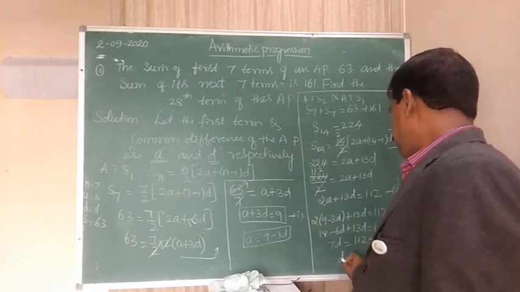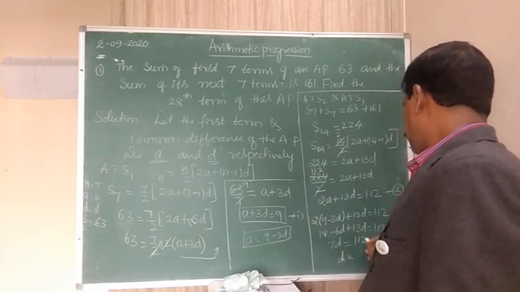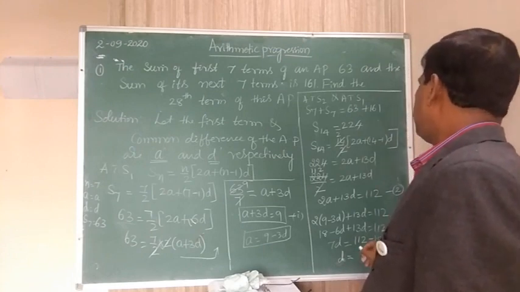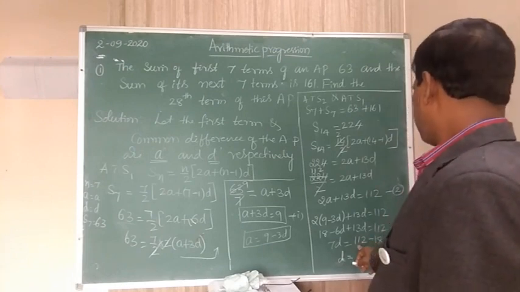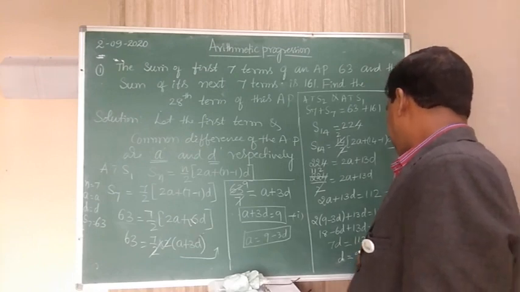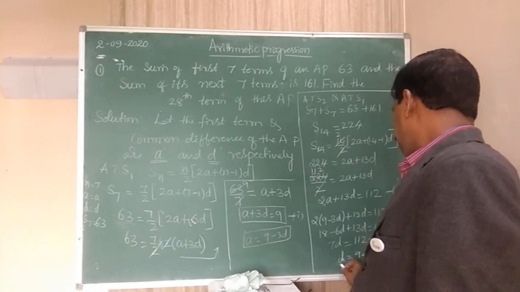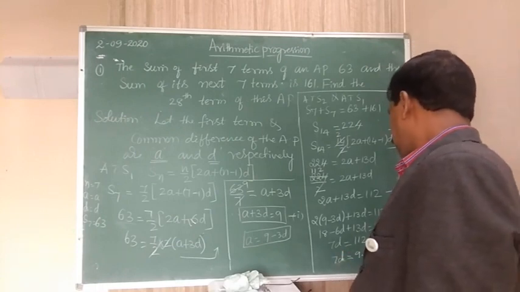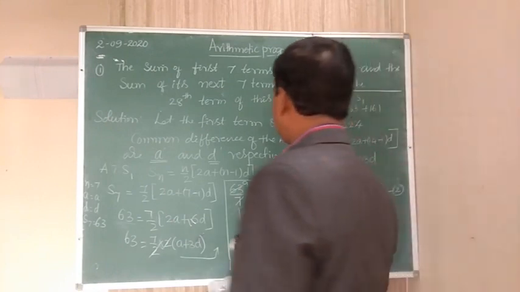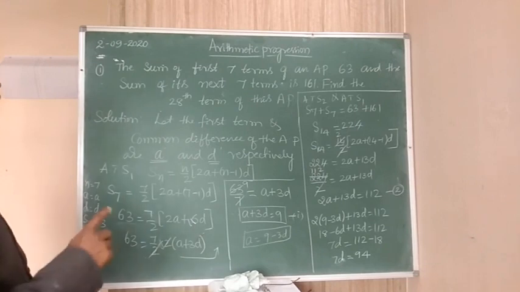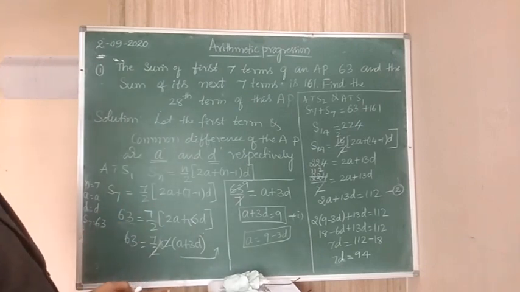Then 7D is 94. Then D is equal to, first term is 63, next 7 terms is 161.